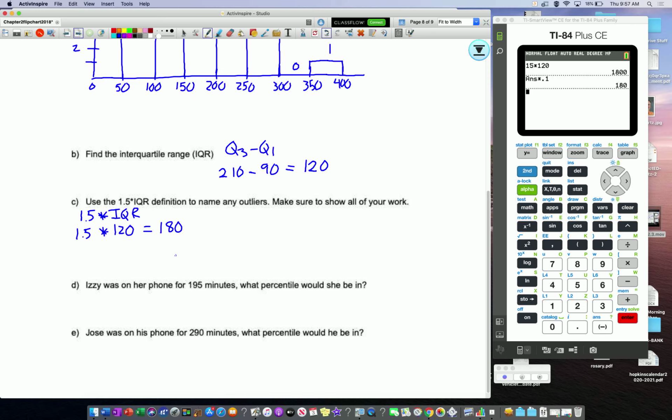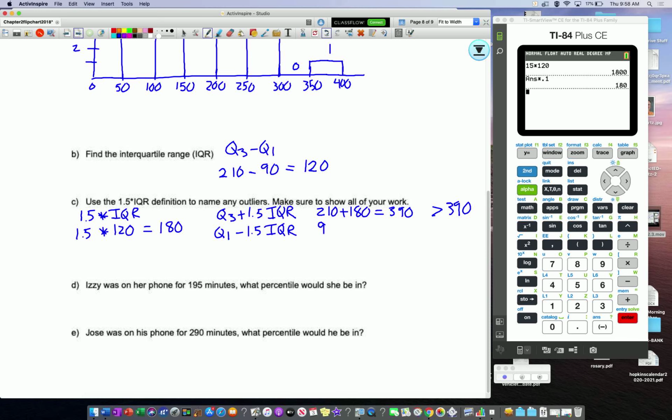Okay? So this is what I have to add. So I go Q3 plus 1.5 times IQR. So 210 plus 180 is 390. So if it's greater than 390, it's an outlier. Q1 minus 1.5 IQR.